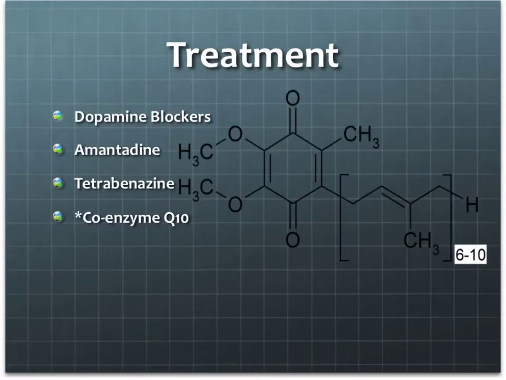So a common treatment for Huntington's disease involves the use of dopamine blockers. And while the correlation between dopamine blockers and Huntington's disease isn't very well understood, it's known that these dopamine blockers chemically inhibit spastic movements and help the patient at least retain some mechanical movement.